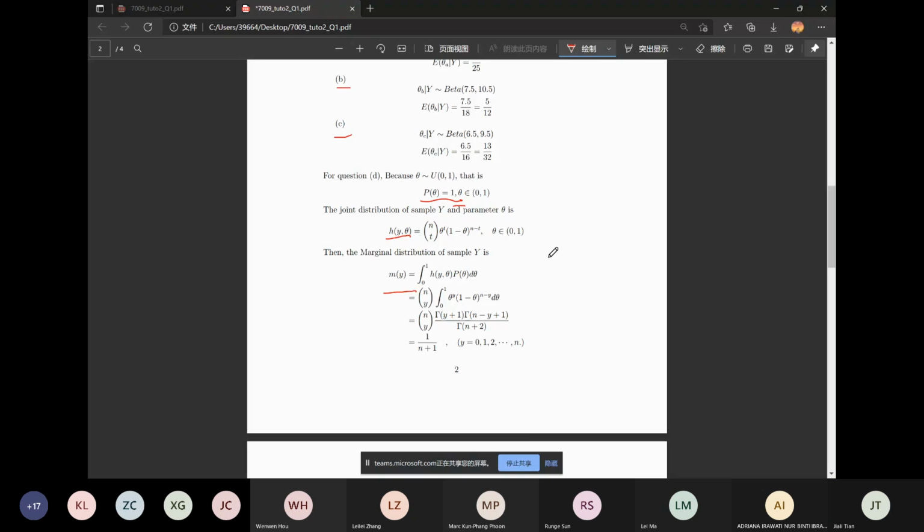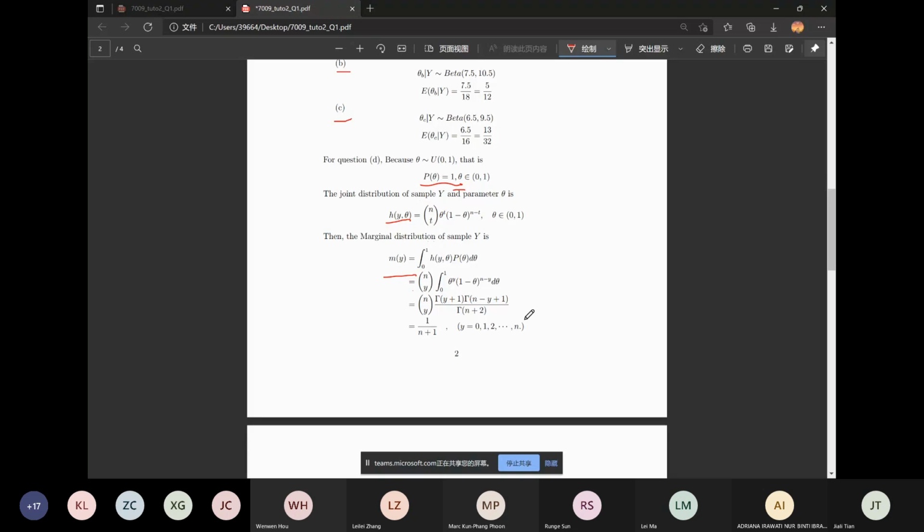Your likelihood is theta to the power 6 times 1 minus theta to the power 9, multiplied by 1. So your posterior is proportional to your likelihood because your prior is 1.